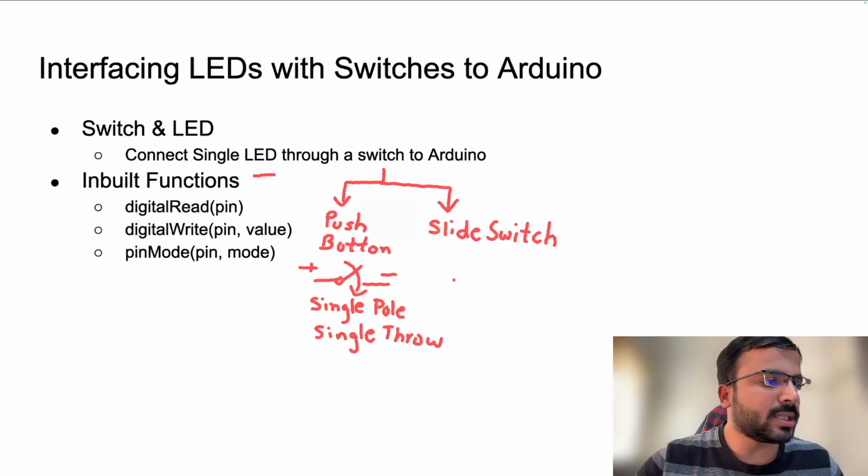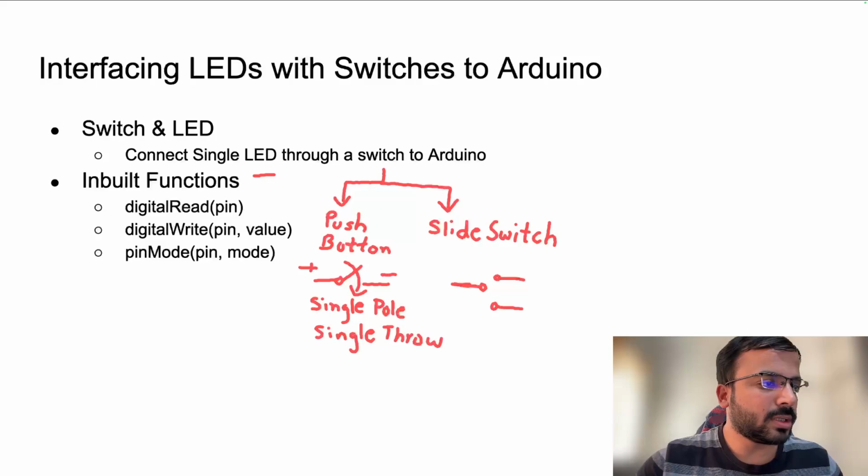A slide switch has a single pole but double throw. What it means is it is something like this. Here you will have your single pole, then you will have one pole here. Single pole, double throw.